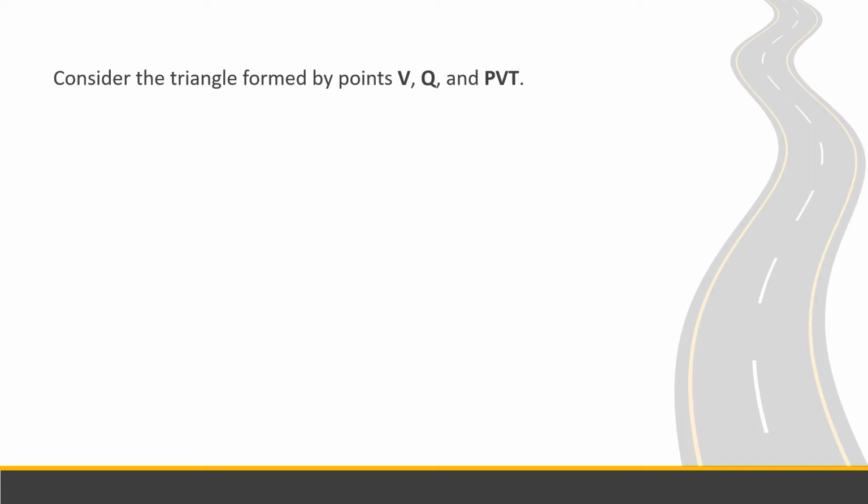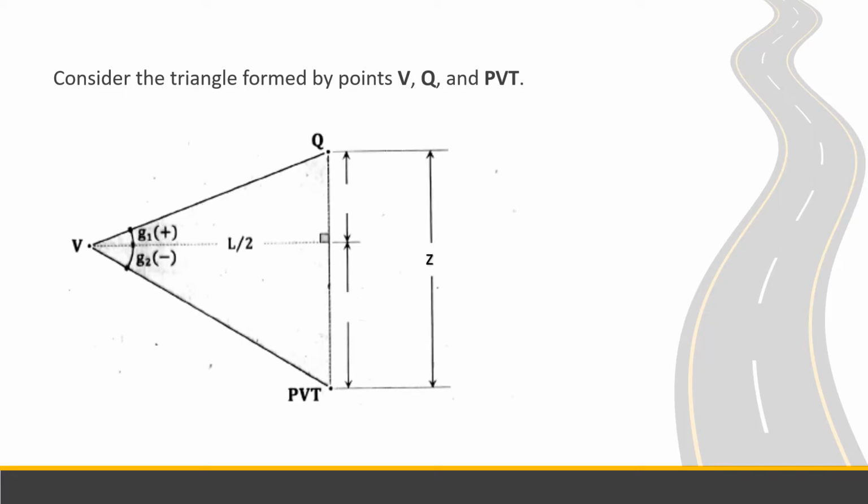So from the figure, we will consider the triangle formed by points V, Q, and PVT. By trigonometric equations, you can find this vertical distance by multiplying the adjacent distance by the inclination, grade, or slope of the curve.